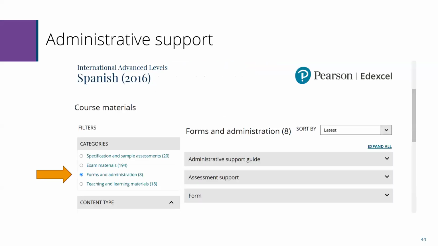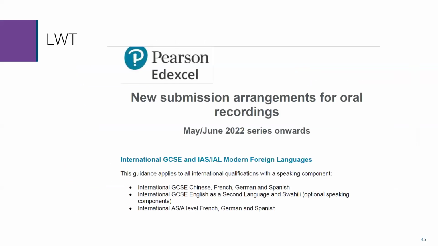If you are looking for administrative support, remember that on the website, we've got a specific area that will give you that administrative support. So that's in the forms and administration area. And you can see the administrative support guides, assessment support forms, and so on. Everything is there for you to grab and to use.